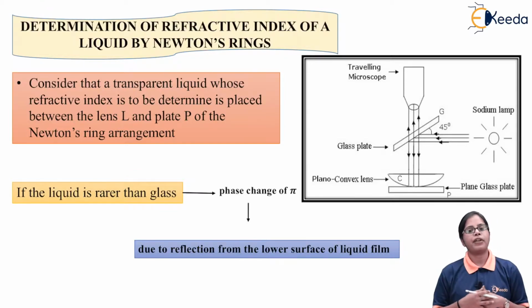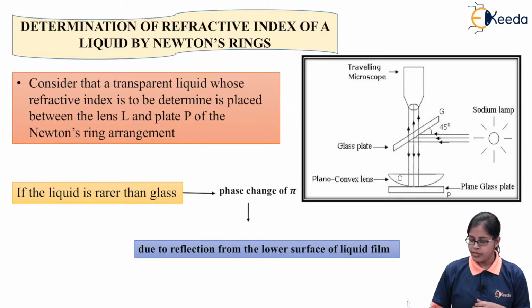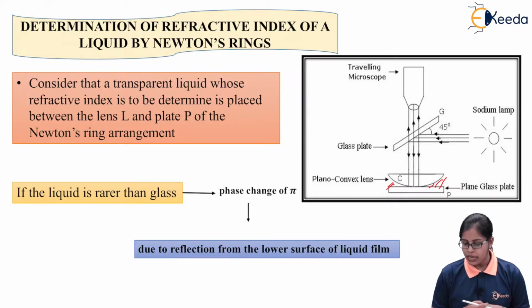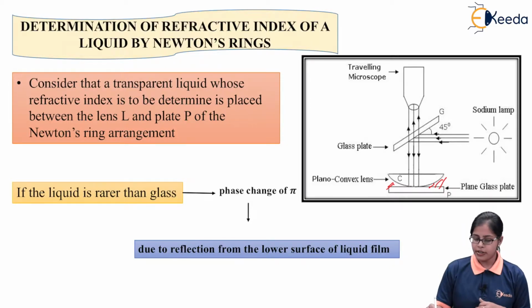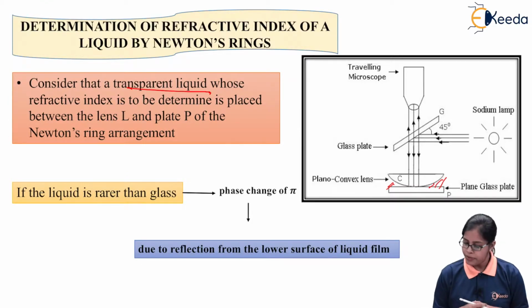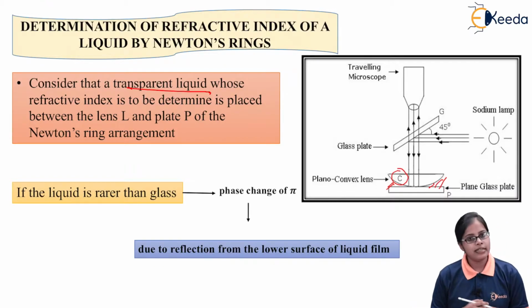To get the refractive index of the liquid inserted in this gap, we have to make use of a certain method. We consider a transparent liquid whose refractive index is to be determined, placed between the convex lens and the plain glass plate.